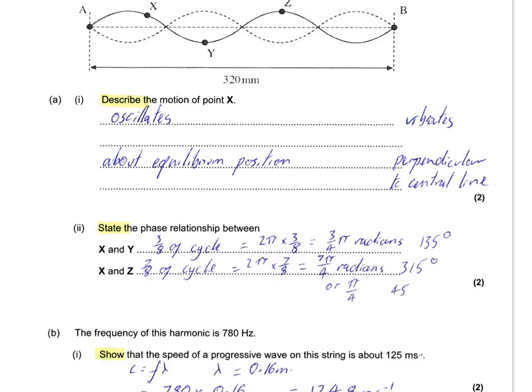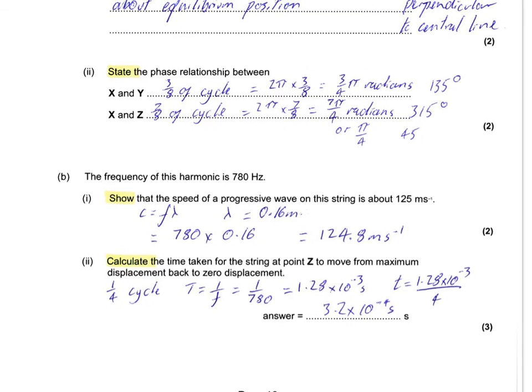Well, one cycle takes the time of one period. We've got the frequency, so therefore I can work out the period. The period is 1 upon the frequency, is that value. So the time I want is a quarter of that, dividing by 4 gives me that amount of time. Key there is, hopefully you recognise that you need the period because I want a quarter of it. How can I work out the period? I've got frequency, therefore I can work out period.